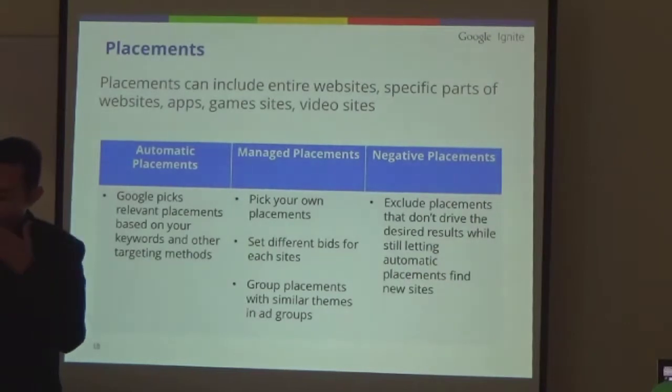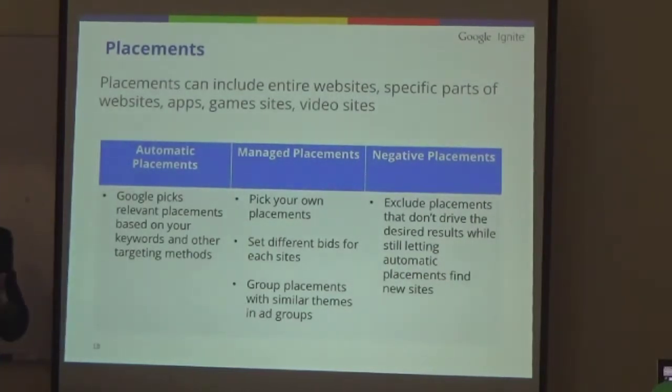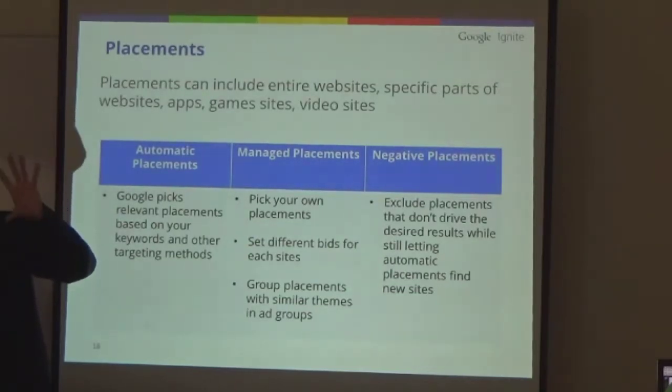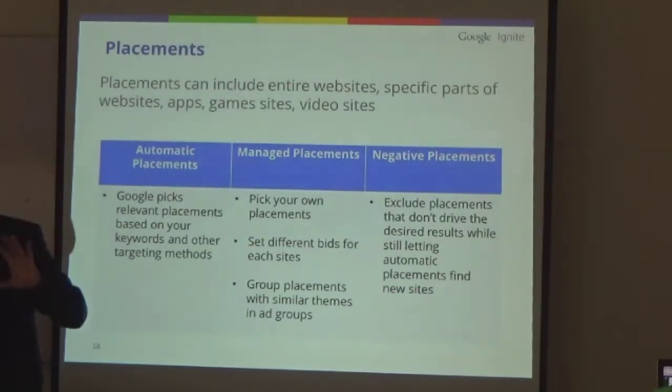There are three types of placements here. Number one is automatic placements, where you choose a set of words in a similar theme, and Google will contextually find relevant sites and show your ads. When it comes to managed placements, you pick your own sites.